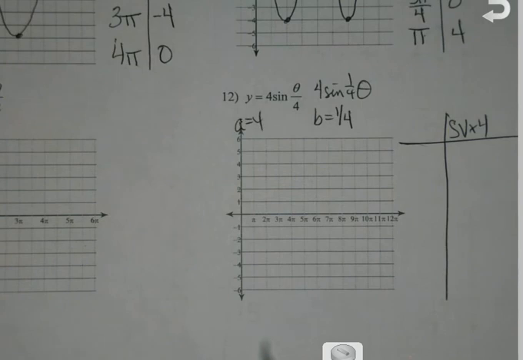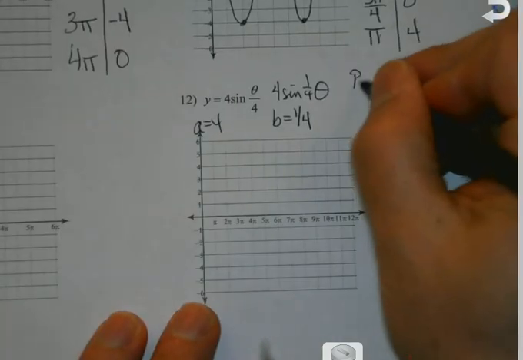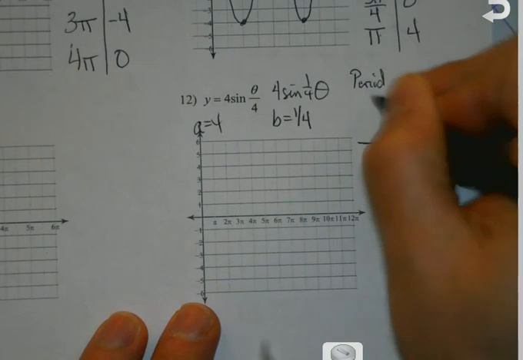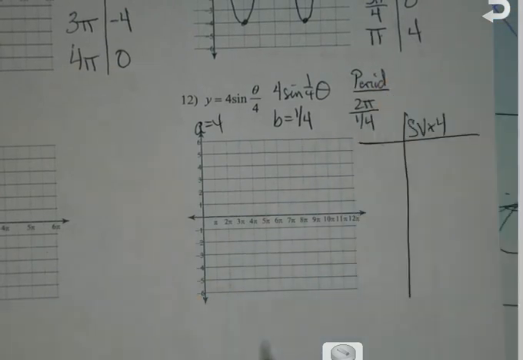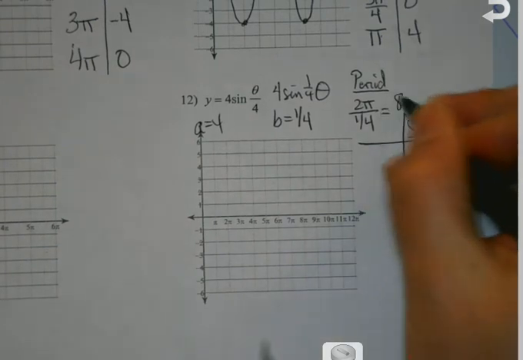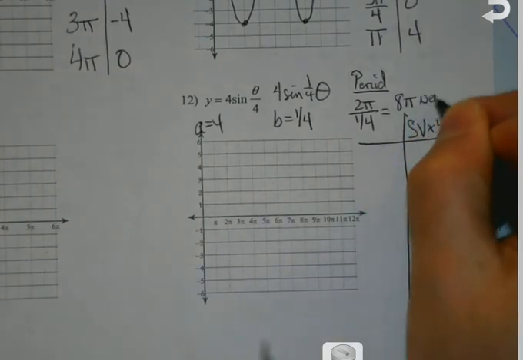In other words, my period is 2 pi divided by 1/4. But we keep saying divide by 1/4, same as multiply by its inverse. In other words, multiplying by 4. 2 pi times 4 is 8 pi.